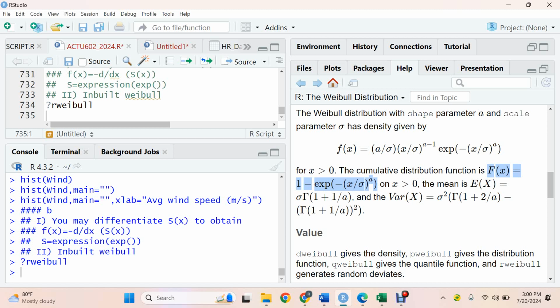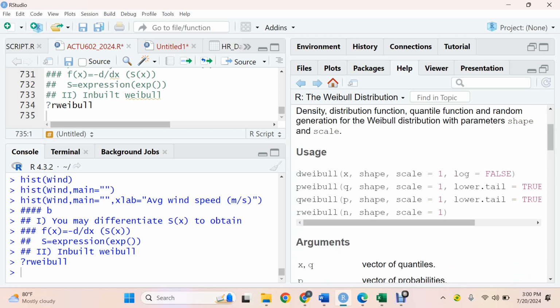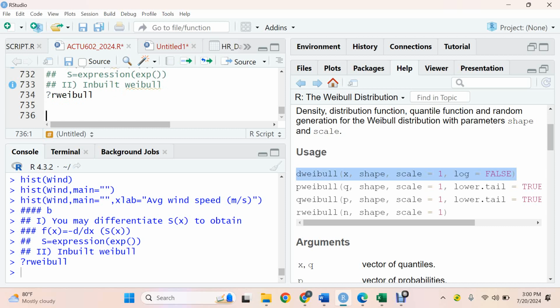It means that we can get the densities from here. Are you okay? Yes, so we can use dweibull, because dweibull is the density of the Weibull distribution. We will pass our data in there, and then use that to find our likelihood function.